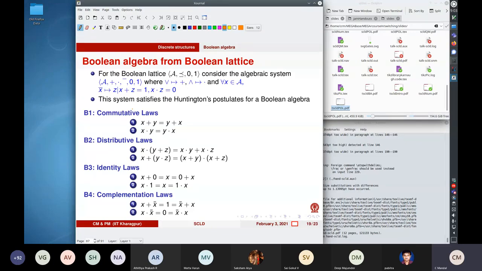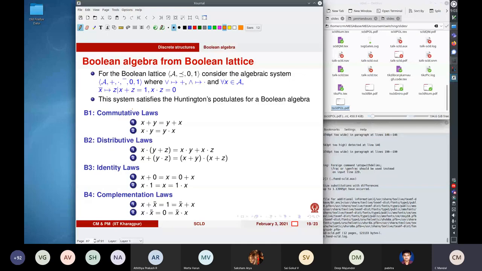You have already seen what a Boolean lattice is like, and we consider the algebraic system over the set A. The set A is the same, the set of atoms.